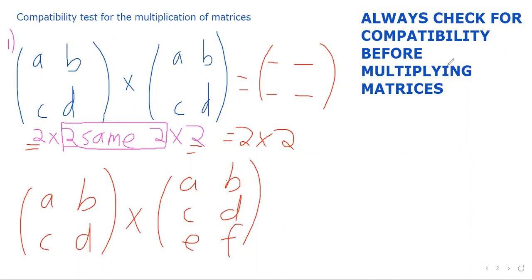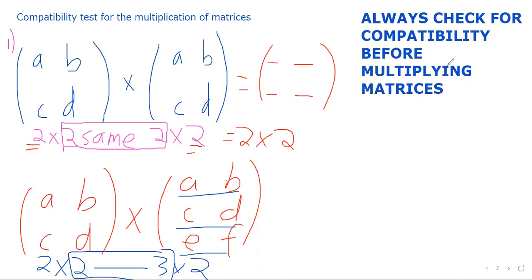This first one is a 2 by 2. The second one, how many rows? There are 3 rows, because 1, 2, 3, and it has 2 columns. So we can see in this question the inside numbers aren't the same. Therefore, since the inside numbers aren't the same, they aren't compatible, and they will not have a resultant because you can't multiply it in the first place.